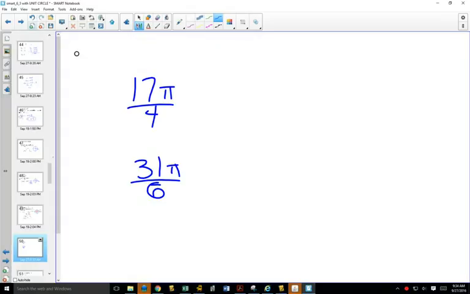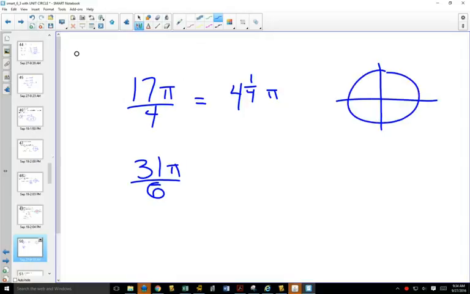For 17 pi over 4, if you change 17 over 4 into a mixed fraction, can you see that you would get 4 and 1/4 times pi? As far as your unit circle goes, the 4 pi is going to end here because it's going to be 1, 2, 3, 4.